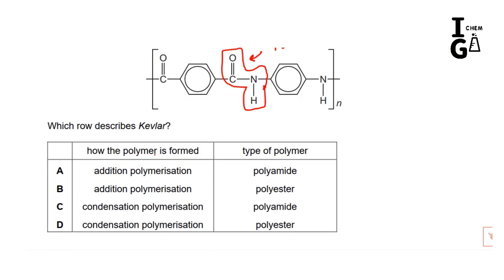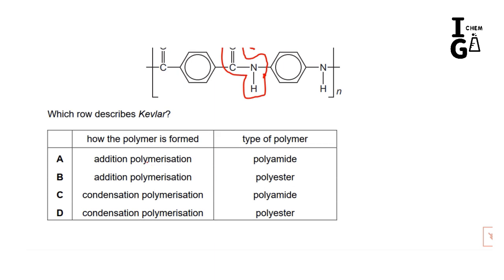So we can check now which row describes Kevlar, how the polymer is formed. Addition polymerization? No, we said addition plus elimination. So addition plus elimination together should be condensation. So this is not correct. It should be condensation polymerization, one of them, either C or D. Is it polyamide or polyester?